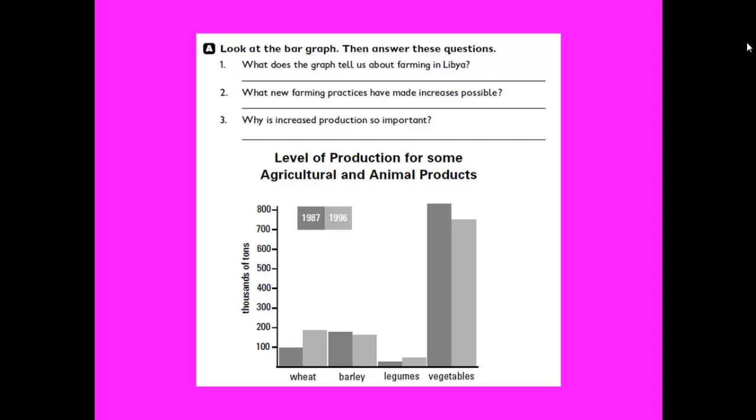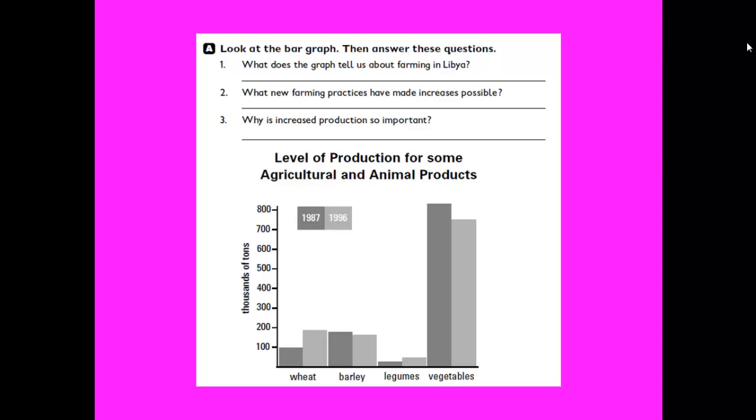Let's look at the bar graph. Level of production for some agricultural and animal products. We have wheat, barley, legumes, vegetables. And we have 2 dates.